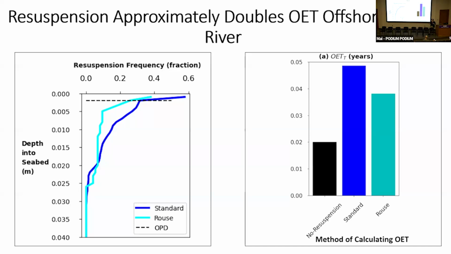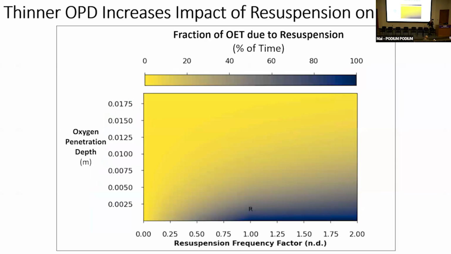So we also used Rouse profiles, which I'm happy to talk about later, as a way to extend this to other sites relatively easily. But no matter how you calculate the seabed elevation profiles, you get similar profiles and a similar amount of resuspension-induced oxygen exposure time.